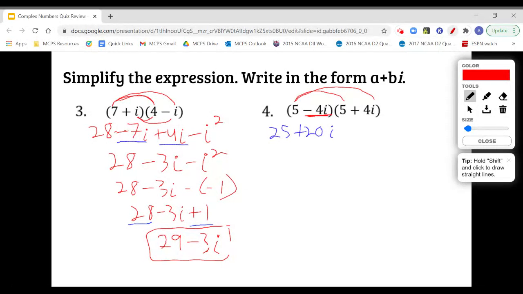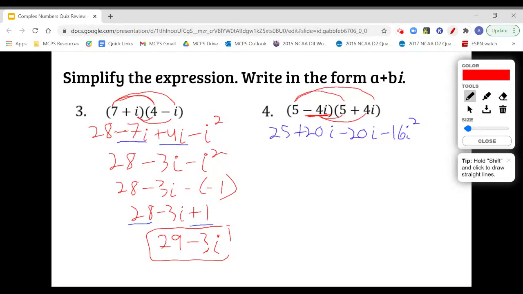So you're distributing the entire term, which includes the negative. So I'm distributing a negative 4i to both 5 and positive 4i. Negative 4i times 5, well, negative 4 times 5 is negative 20, so that leaves me with negative 20i. And then negative 4 times 4 is negative 16, and then i times i is i squared.